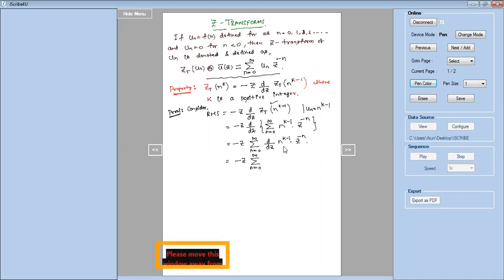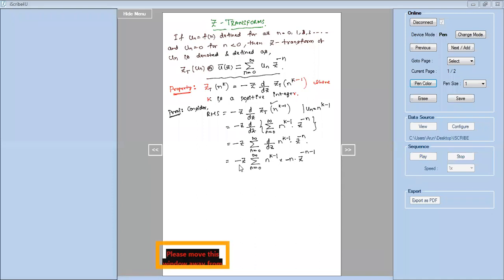This n power k minus 1 is constant, so you can keep it as it is. n power k minus 1 into d by dz of z power minus n. It looks like the x power n formula, n x power n minus 1. So the derivative is minus n into z power minus n minus 1. This is the differentiation of this.